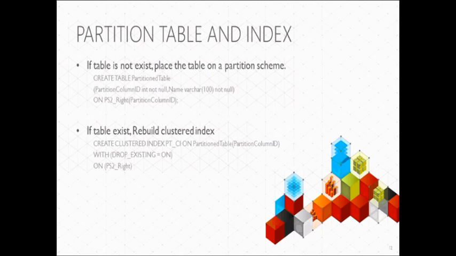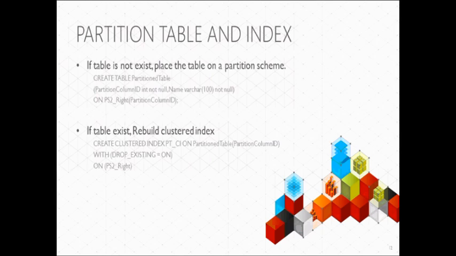We can do this by creating the table on the partition schema, or by creating the table's clustered index on this partition schema. You can see CREATE TABLE, partitioned table, on the partitioning schema. To partition the table, we must put the table on a partition schema, as I said.